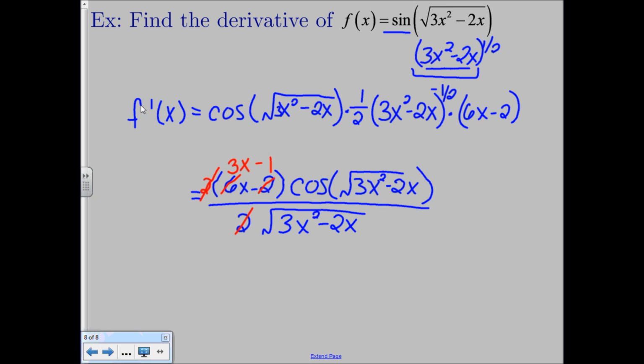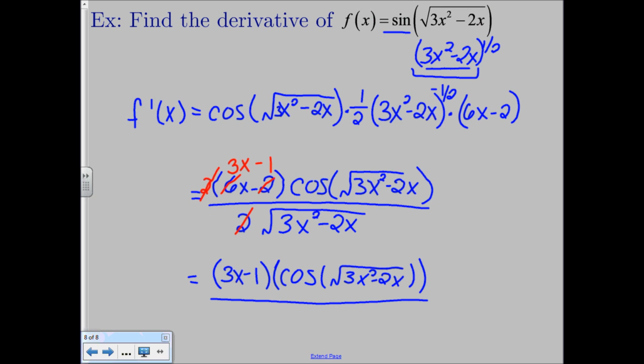So our final derivative is going to be 3x minus 1 times the cosine of the square root of 3x squared minus 2x, all over the square root of 3x squared minus 2x.